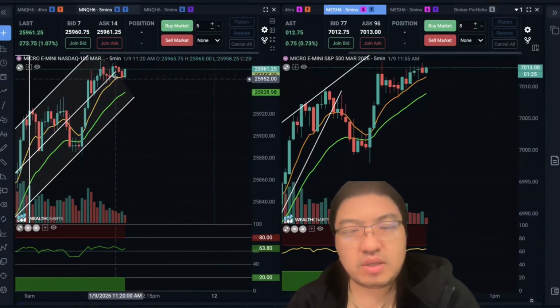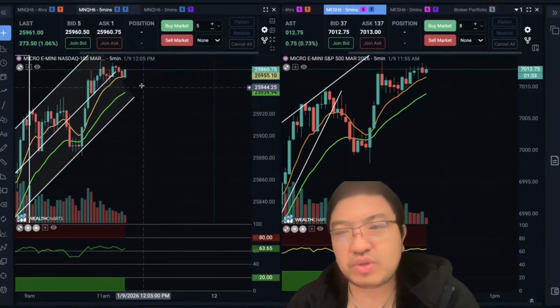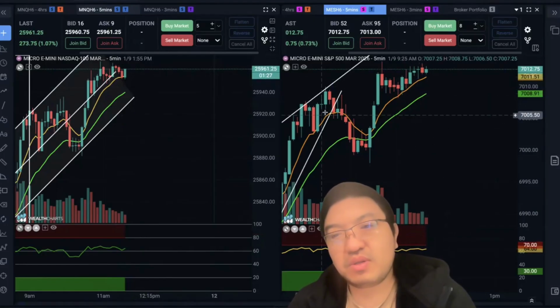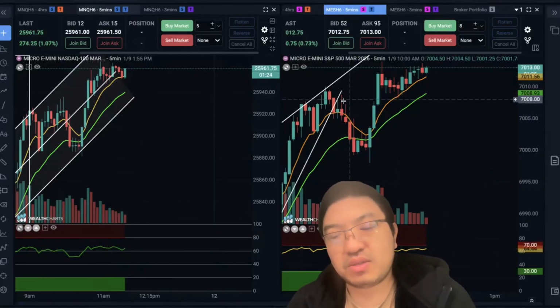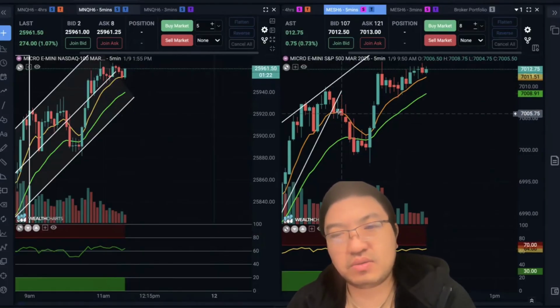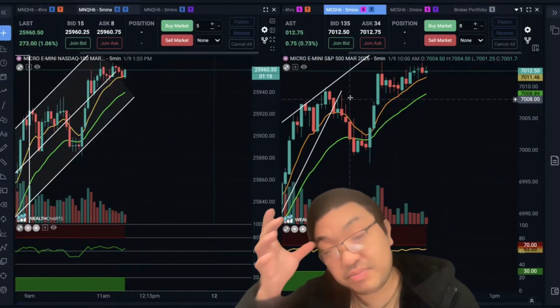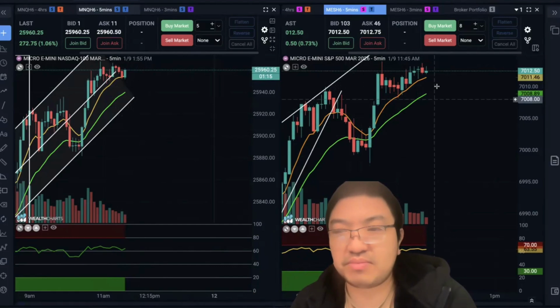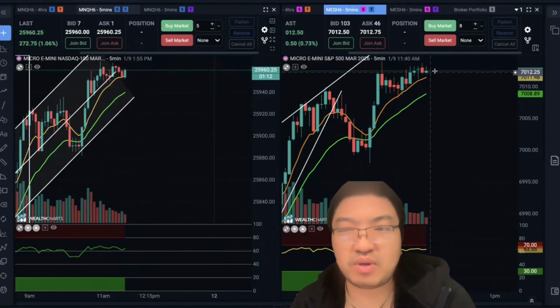The thing is, EMA 9 has not shown any intention to come close. Same thing here. So at least I want to see something here. I can go short at the upper bound and set a stop loss here, something, and trade this trend.